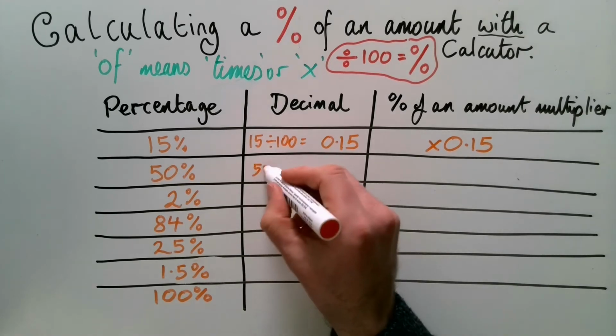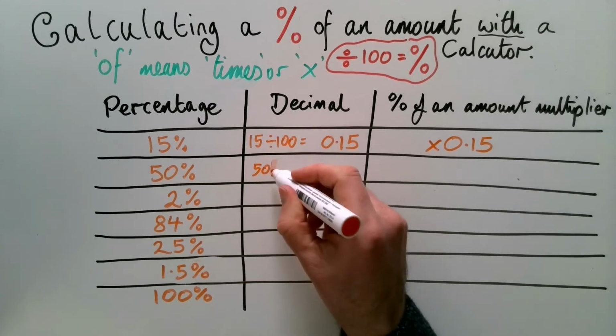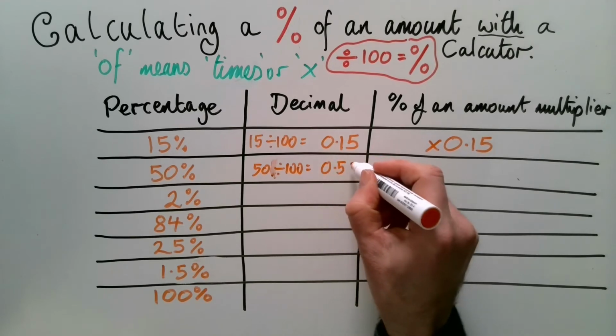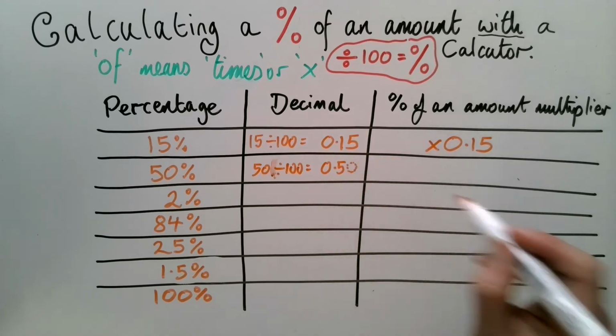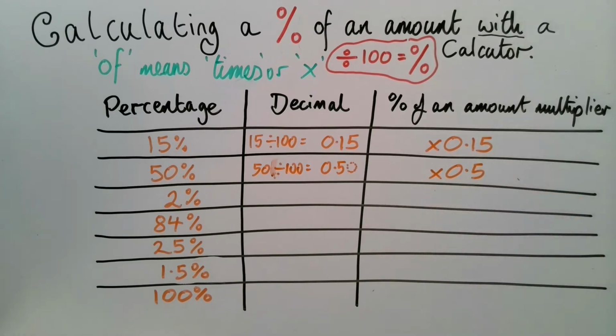Now 50% is 50 divided by 100, is 0.5. If you wanted to, you could imagine a 0 being there. If you times by 0.50 in your calculator, you're still going to get the right answer.